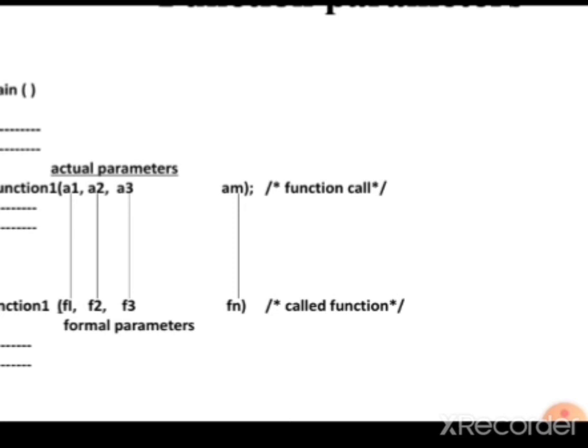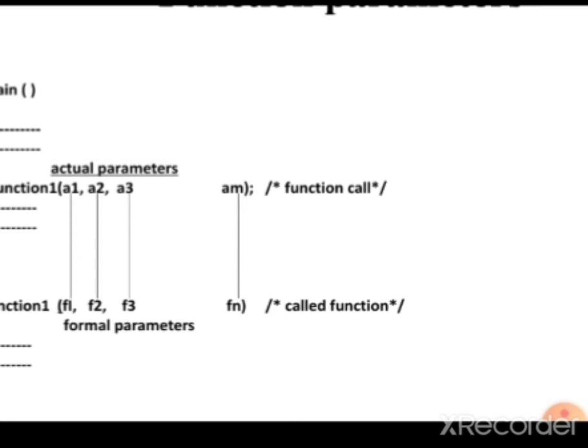So here you can see a1, a2, a3 in the function call, and f1, f2, f3 in the function definition. The parameters in the function call are actual parameters, and the parameters in the function definition are formal parameters.